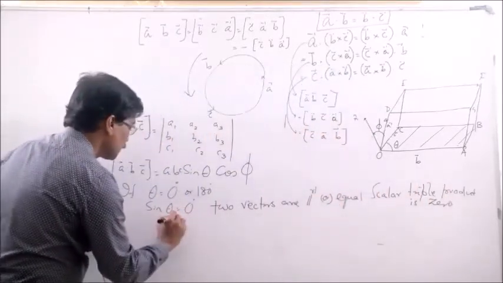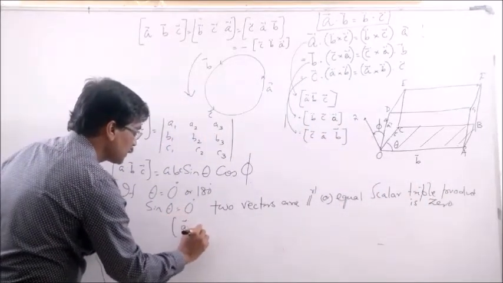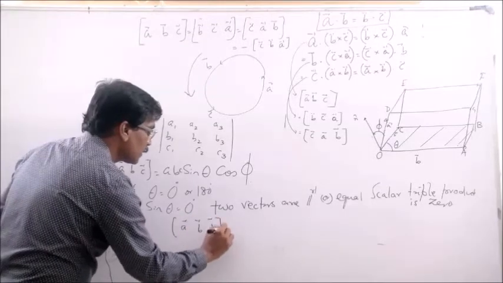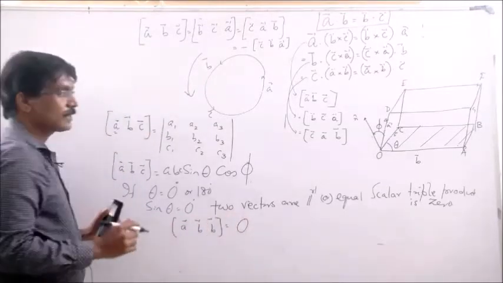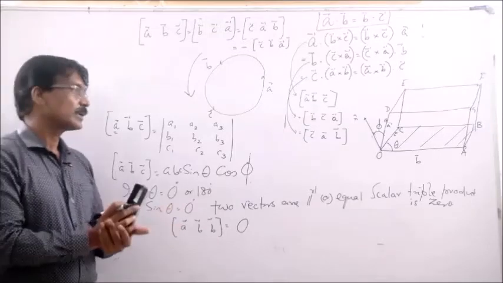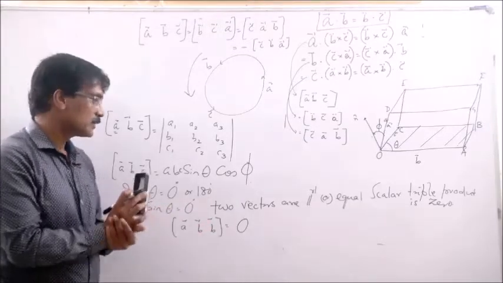That means A vector, B vector, B vector is equal to 0, scalar quantity. So, two vectors are equal, so scalar triple product is 0.